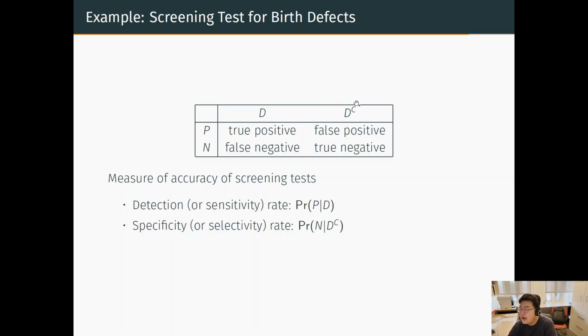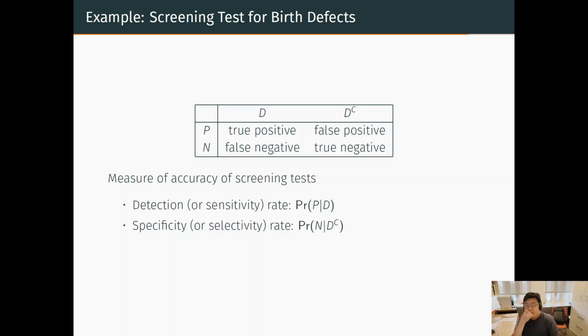But if you don't have a defect, you may still get a positive result because the screening test is not perfect, right? Then we call that false positive. Similarly, if you have a defect, you may still get a negative result. That is called false negative. And if the negative is correct, then true negative. This is how researchers communicate, right?